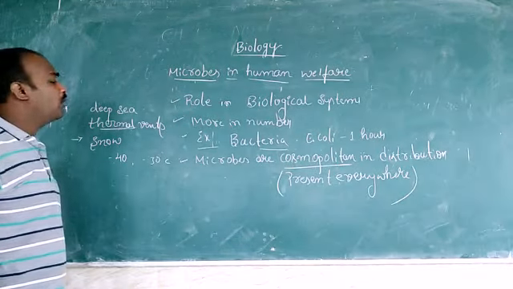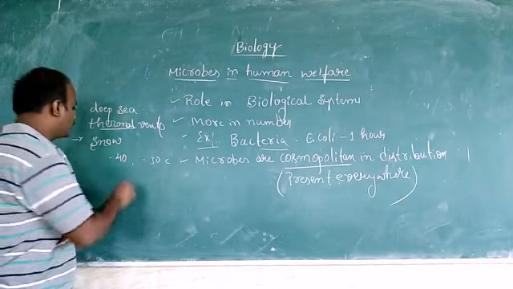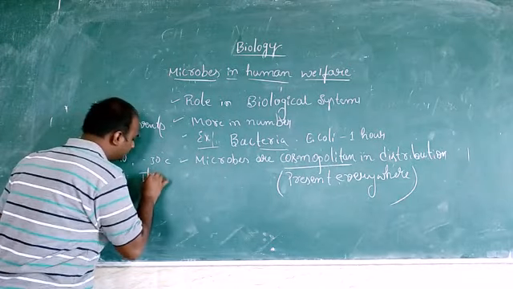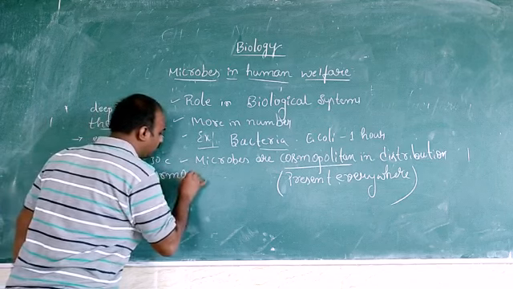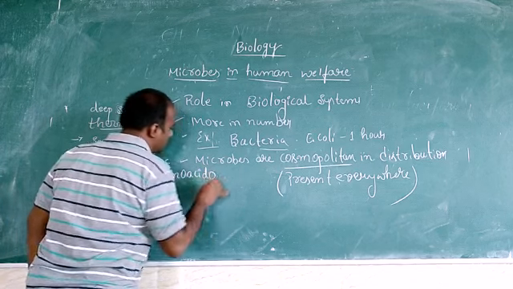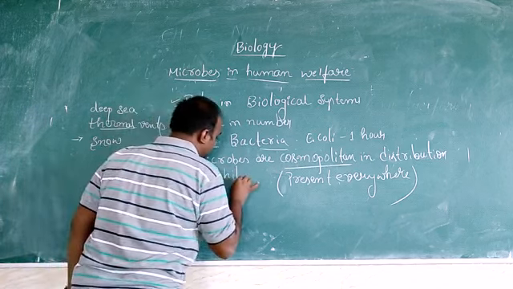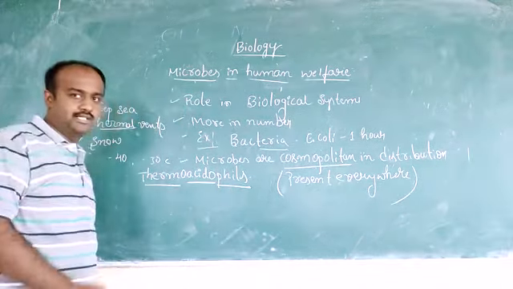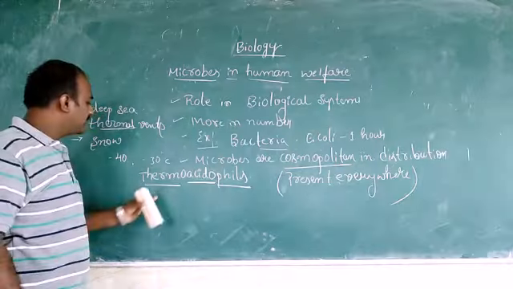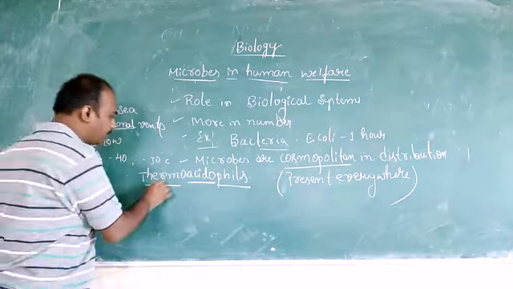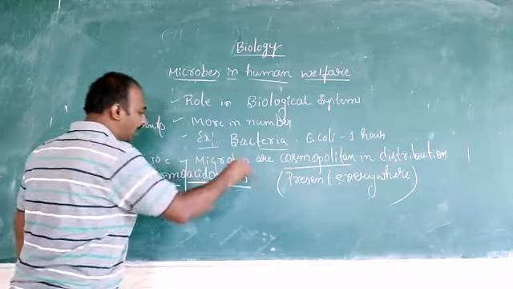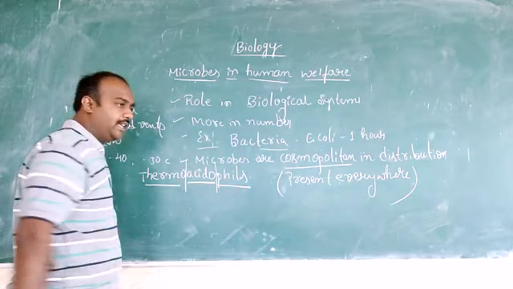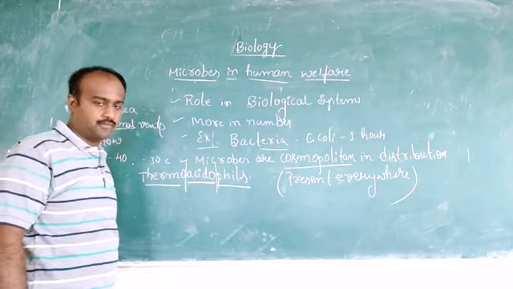And we gave one more name to some microbes. They are known as thermoacidophils. This is a single word, but we can split it into 3 words: thermo, acido, and phils. Phili means love or attraction.